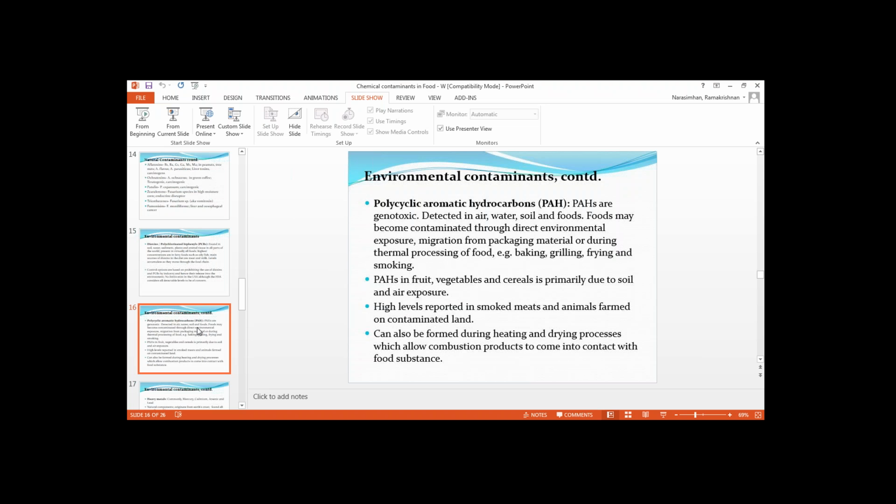The specific foods of concern are primarily fish which are fried or are farmed in oil-contaminated waters. If you have an oil spill and all that, then you'll find high levels of these polycyclic aromatic hydrocarbons.